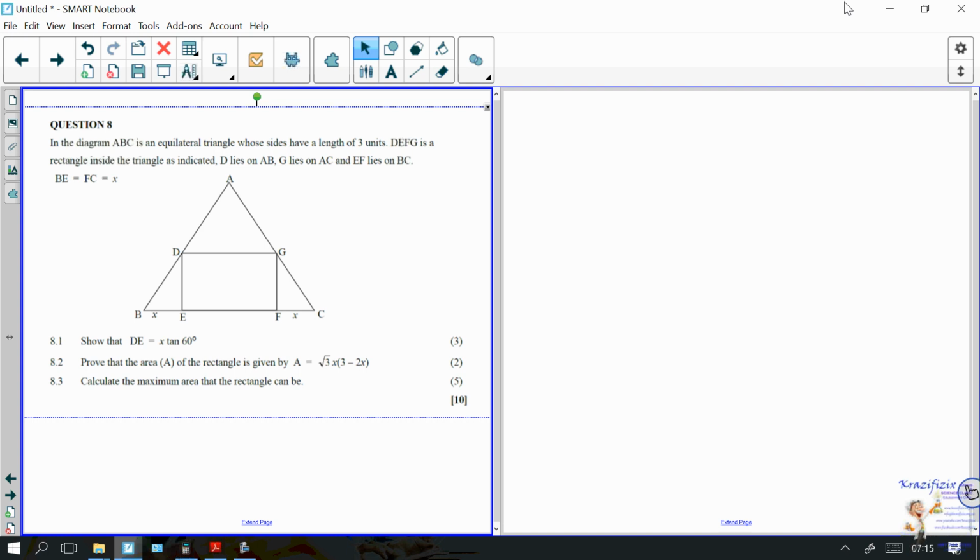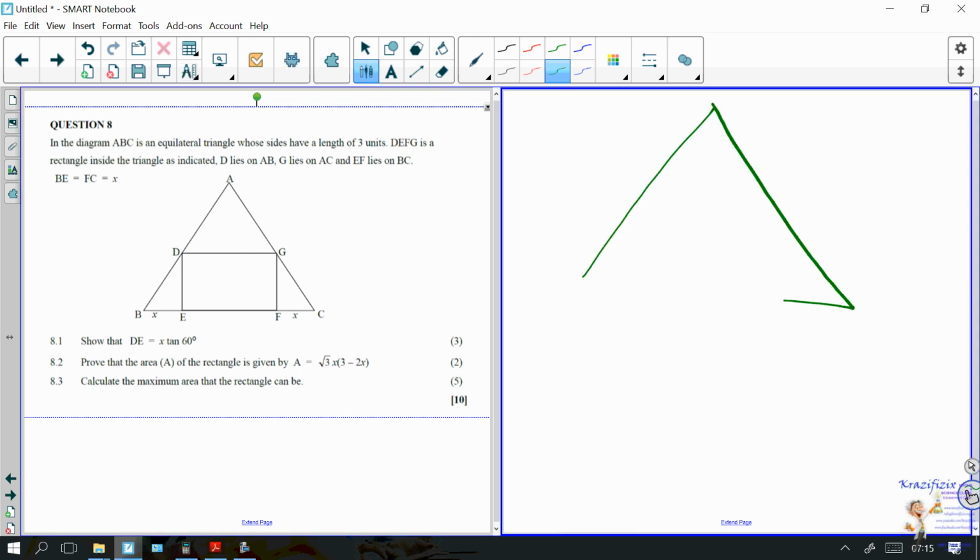All right, they told us it's an equilateral triangle. Automatically, what do we know? Angles are what? 60. And then I have this, which is DE. And this is X. So this side becomes opposite. This side becomes hypotenuse. And this is my adjacent. What am I looking for? DE.